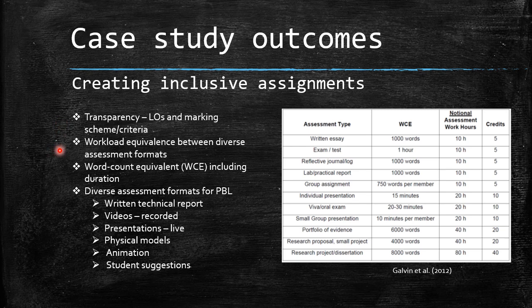Workload equivalence was one of those, and I spent a little bit of time looking on our own website and from other sources about different types of assessments, different word count equivalents that they have, the notional amount of hours that it would take a student to achieve that, and the equivalent credits in terms of module credits that they relate to. So we can understand then the equivalence between everything.